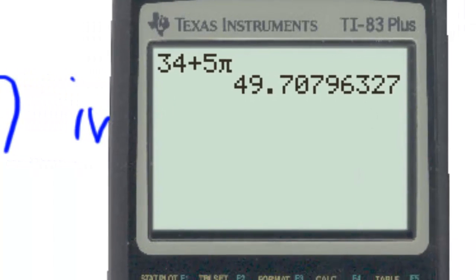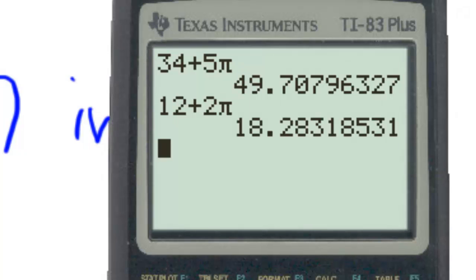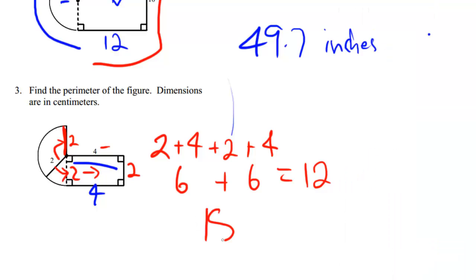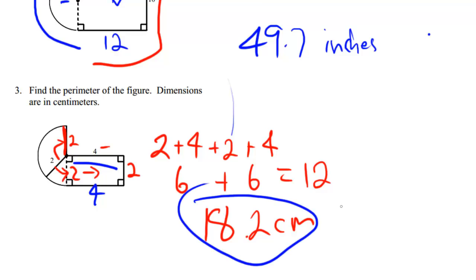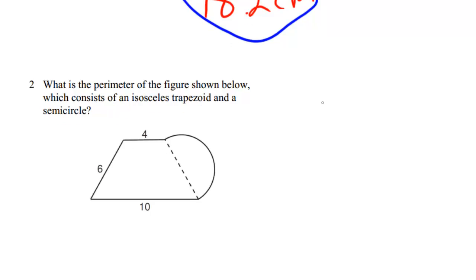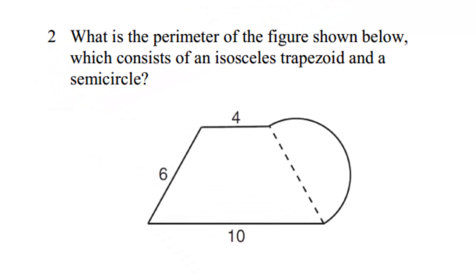Let's multiply 12 plus 2 pi. And the answer is 18.2 centimeters. Excellent. So now we're going to be working with no longer a rectangle but an isosceles trapezoid.